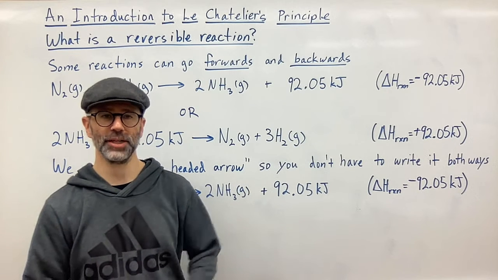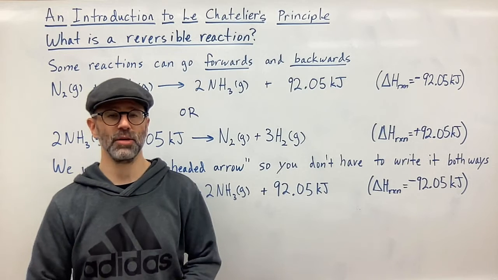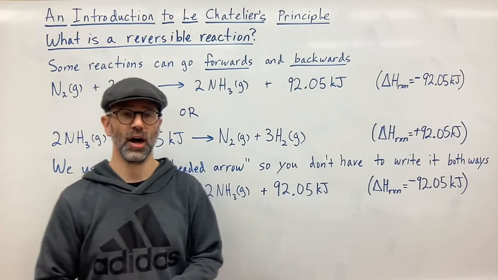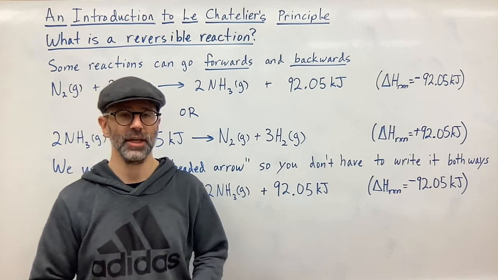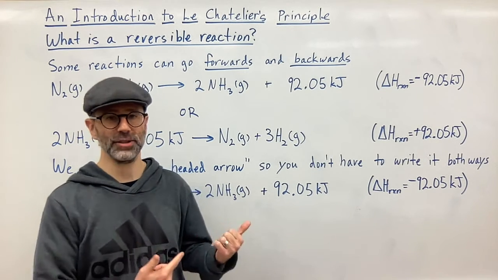So a reversible reaction is basically a reaction that can go in reverse. So some reactions can either go all the way, right? So, for example, a combustion reaction, you're not going to reverse that one. You burn a piece of paper, it's not going to go back to the piece of paper.